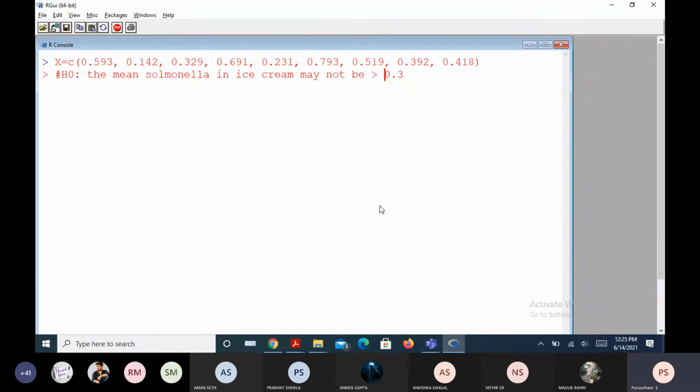This is the null hypothesis. What is the alternative hypothesis? The mean Salmonella in ice cream is greater than 0.3. So this is the complement of the null hypothesis. Do you agree? Mu we take as 0.3. Understood? Yes, sir.